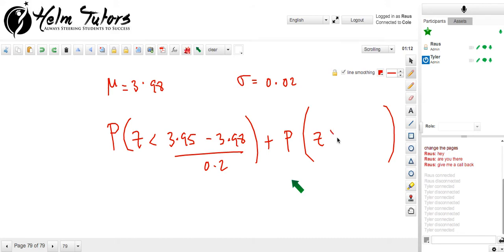So you go P of Z is greater than, on this part, 4.05 minus 3.98 over 0.2. You look at the Z table both for this and for this, find the areas, and add them, because anything outside of those will not fit. Oh, okay, yeah. It's the same thing as before, essentially. Yeah.